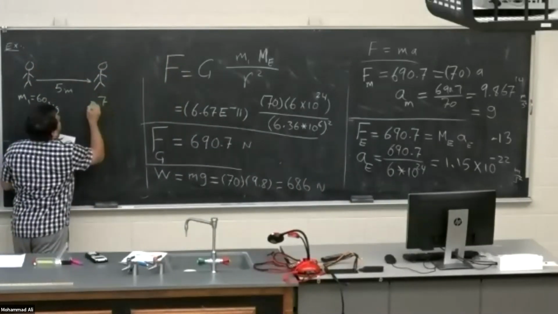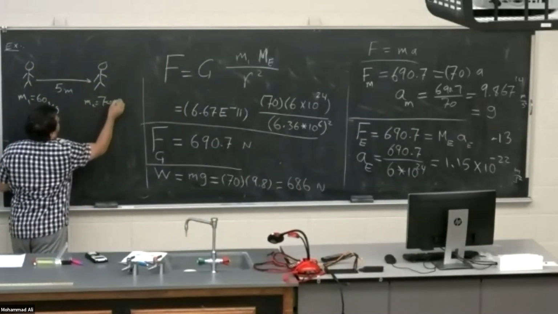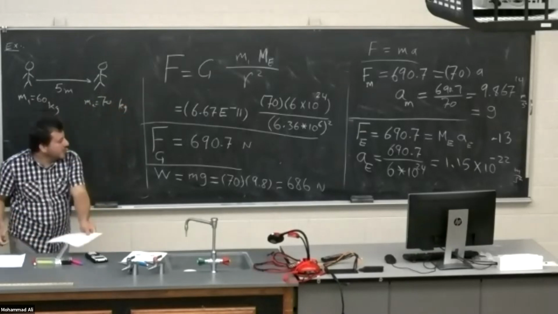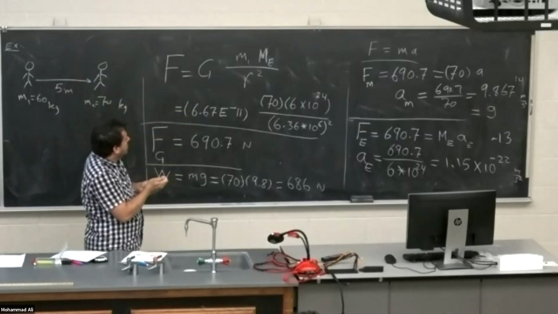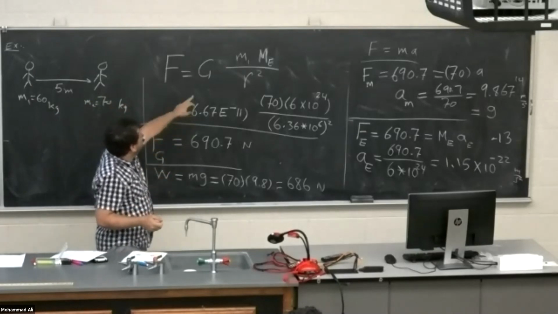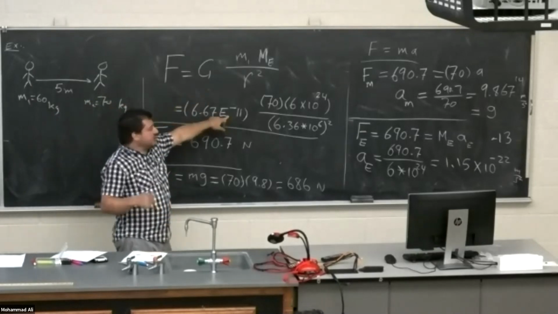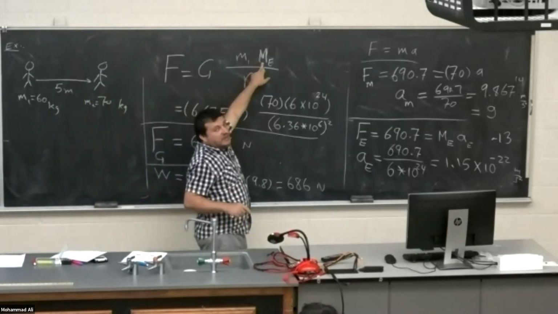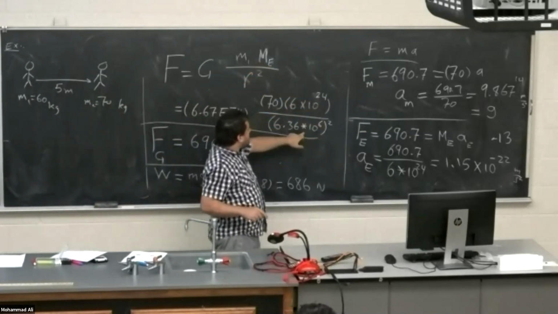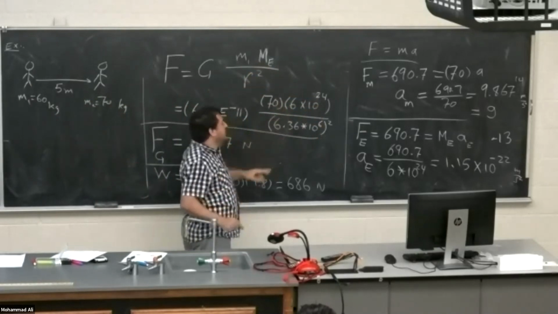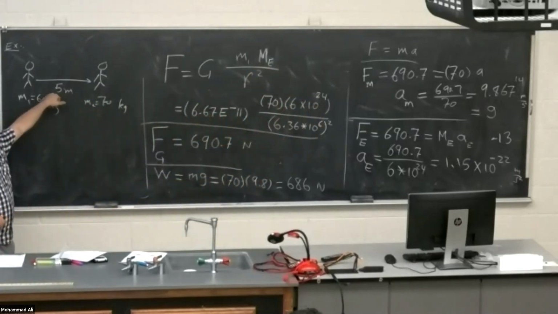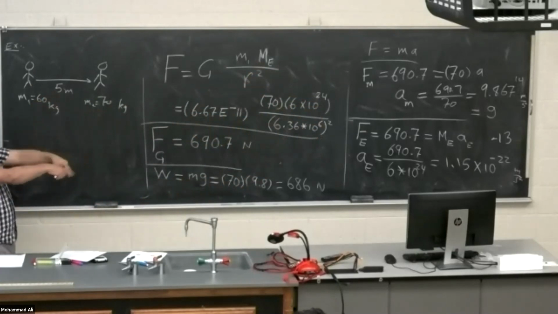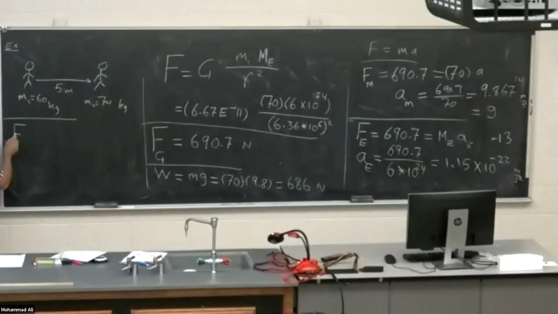This is 70 kilograms, which is M2. Look, when we solve this force, we have G as negative 11, small. With the Earth, the mass is big and the radius is big. Now we have small masses and a small distance, which is just 5 meters. What is the force between these two persons?